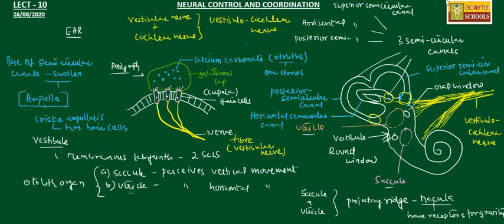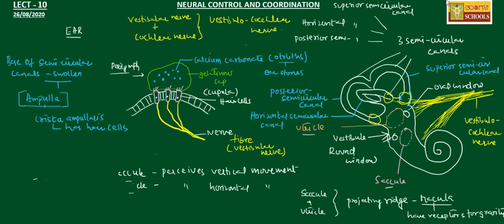One more point here. As I mentioned, the saccule and utricle have a projecting ridge called macula. It is the macula that contains these otolith organs.